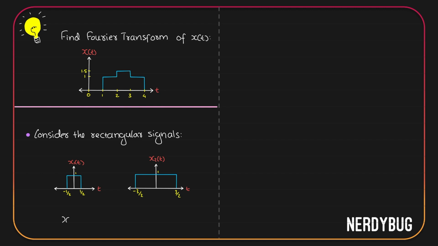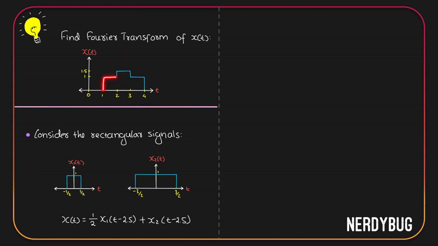Their relation would be x of t is equal to half of x1 of t minus 2.5 plus x2 of t minus 2.5. The t minus 2.5 in both of these is simply to shift the signal 2.5 units towards the right, so it will be centered at 2.5.